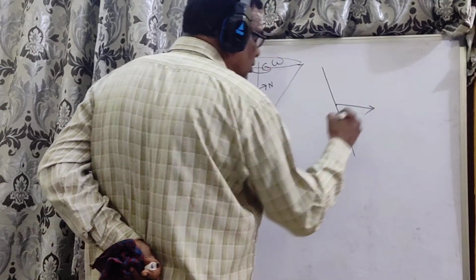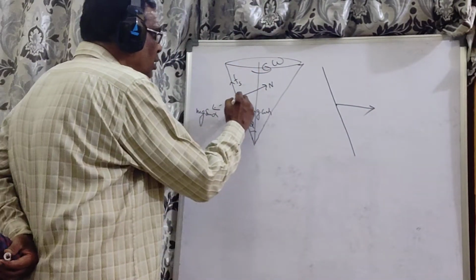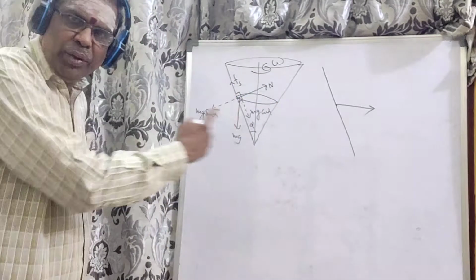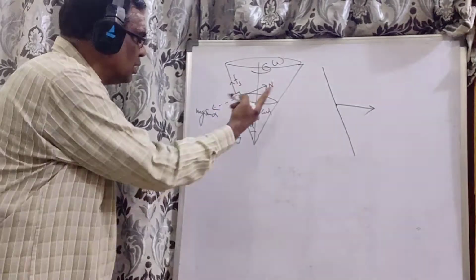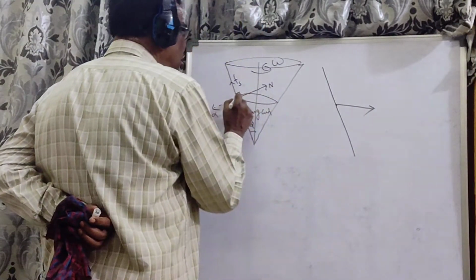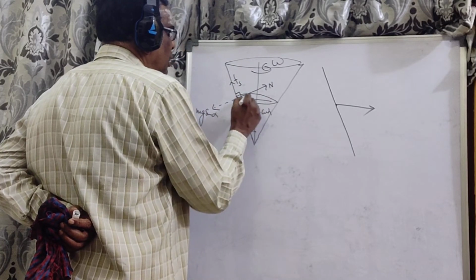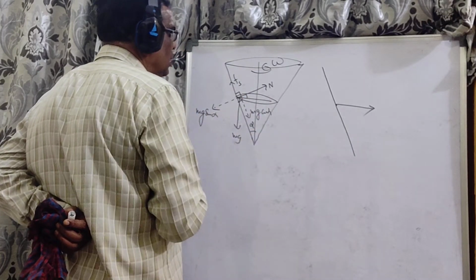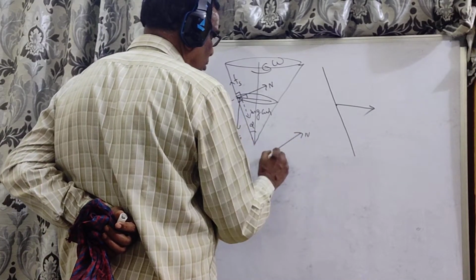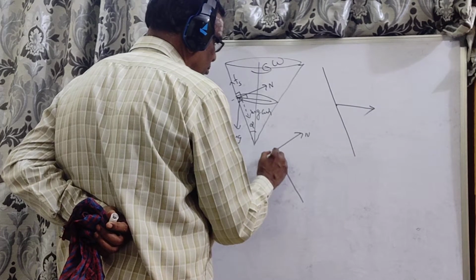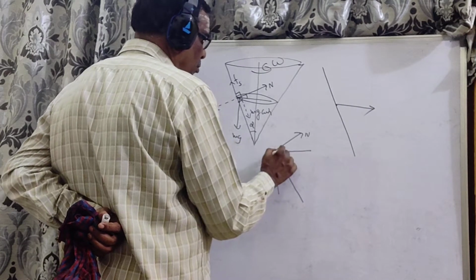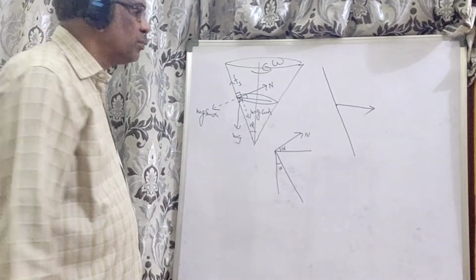But when you draw this, look, this is the circle in which this is moving. That's how, or this way or this way, it is moving. Therefore, if this is N, look, this is alpha, 90 minus alpha, that is alpha.